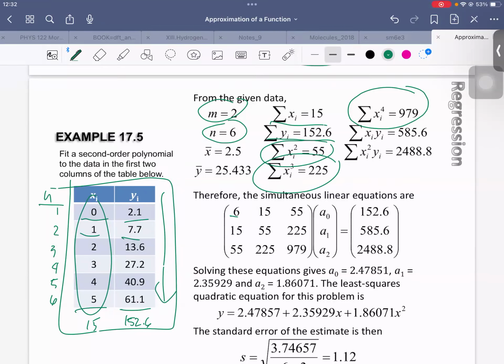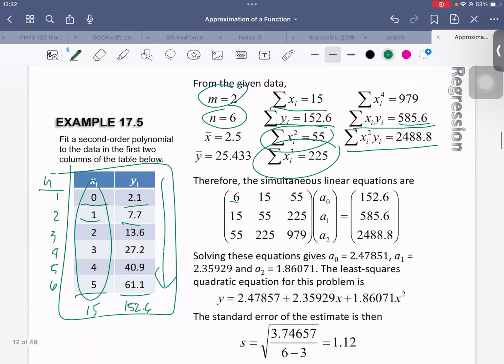It's usually easy in Excel because you have a row, then you just make your columns. Right? Now, for xi times yi, you have 585.6. X squared yi is 2488.8. So you now created the matrix that you need.